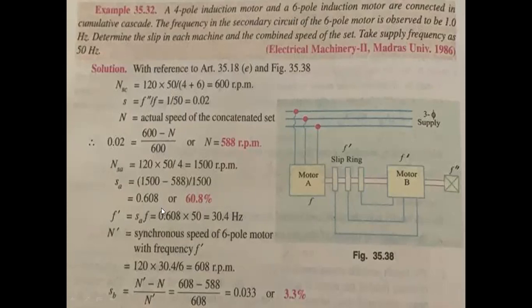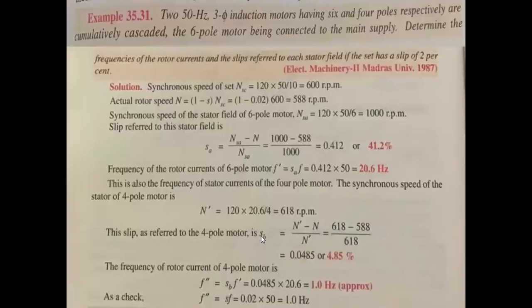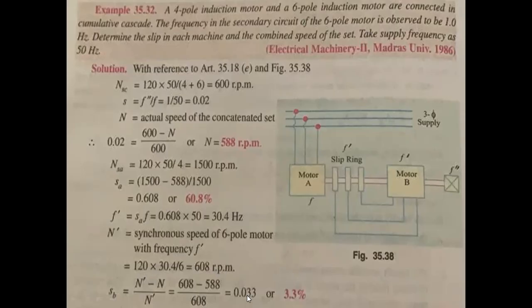F double dash is equal to SB, 0.03, into frequency F dash, 30.4. Sorry, it is already given. If you want to find it out, you can check that SB and F dash are correct or not.